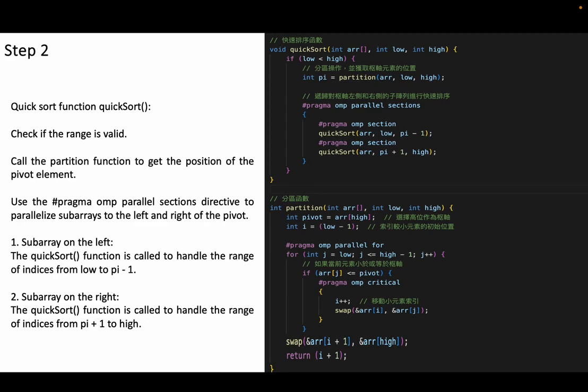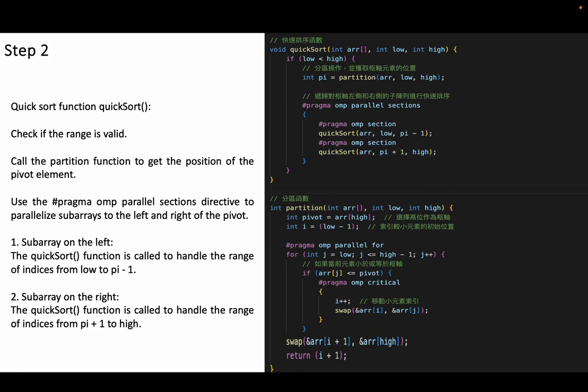In this function, it will compare the low and the high element and use the array, low and high parameters to call the partition function to get the pi element. And we also use OpenMP to record the execution start time and the end time. Yeah.